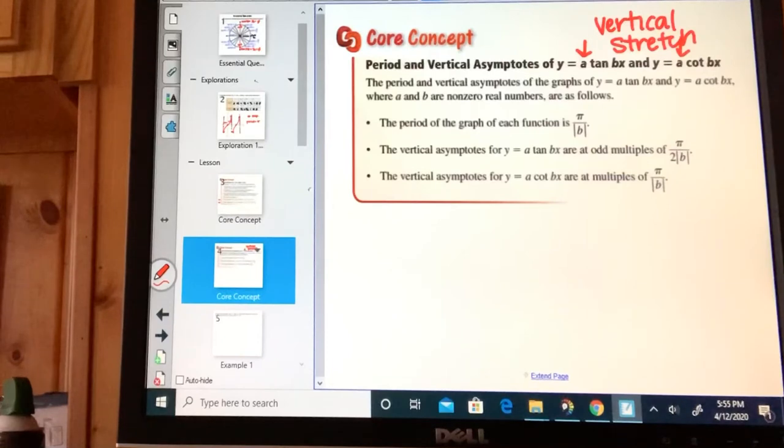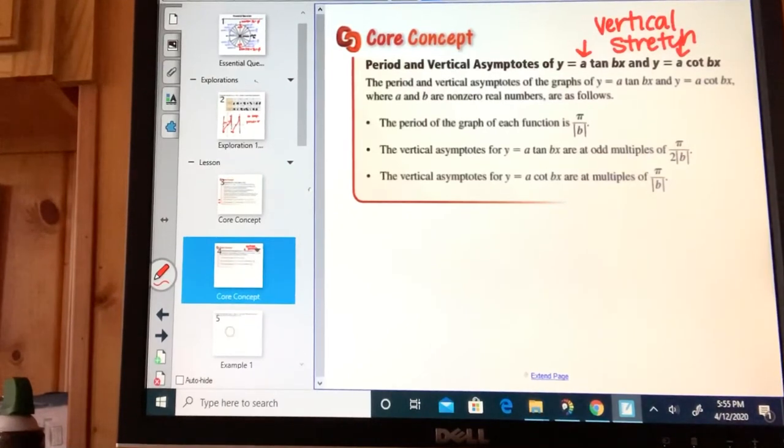Okay, so then it does give an equation for your vertical asymptotes as well. And it's saying all you have to do really is divide the period by 2 for tangent, or just give the period for the vertical asymptote on cotangent.